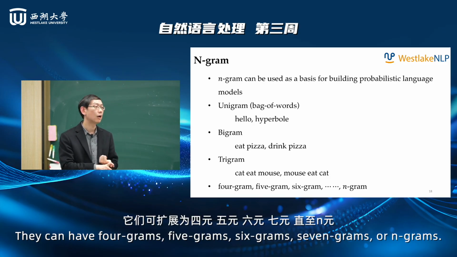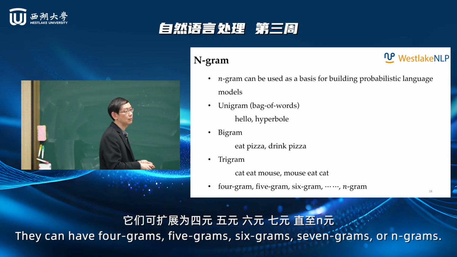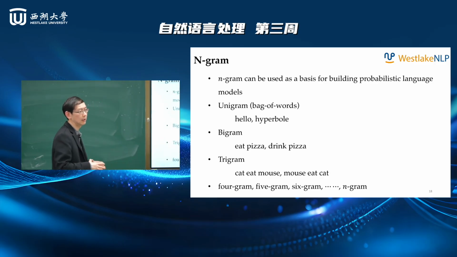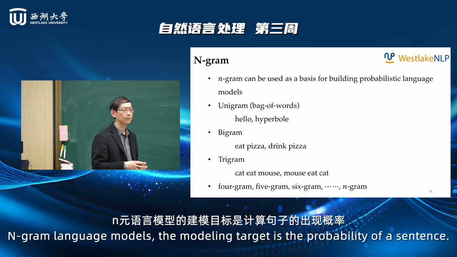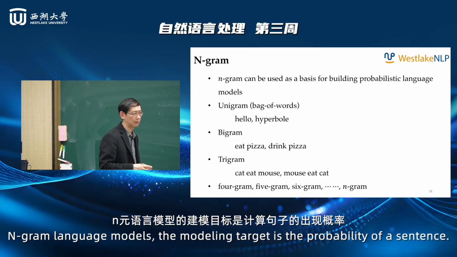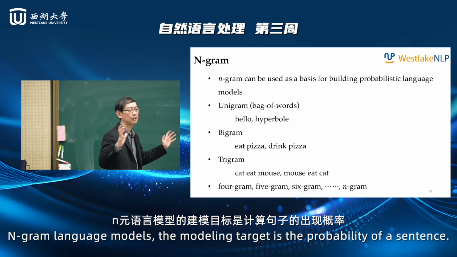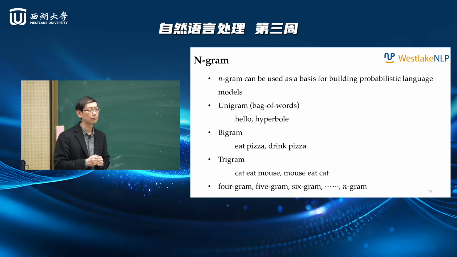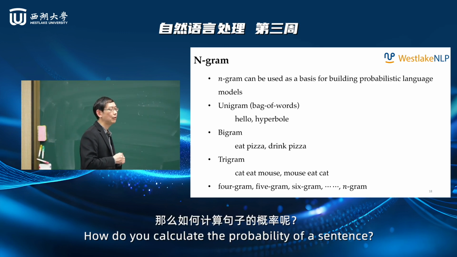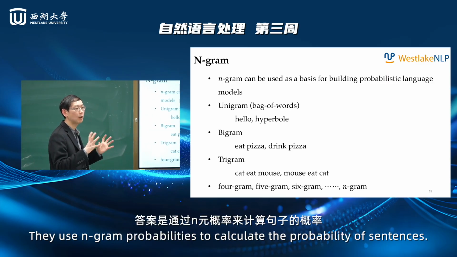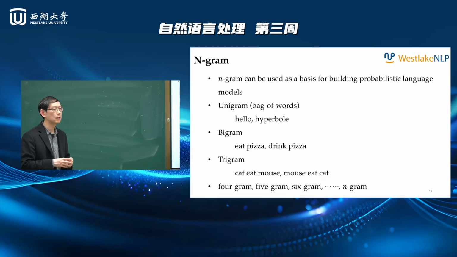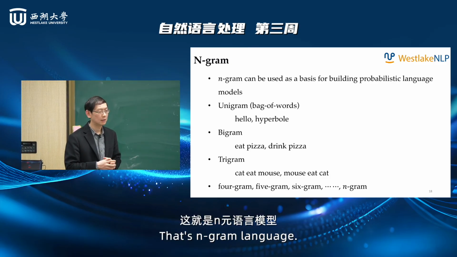Well, you can have 4-grams, 5-grams, 6-grams, 7-grams, or n-grams. So for n-gram language models, the modeling target is the probability of a sentence. How do you calculate the probability of a sentence? They use n-gram probabilities to calculate the probability of sentences. That's an n-gram language model.